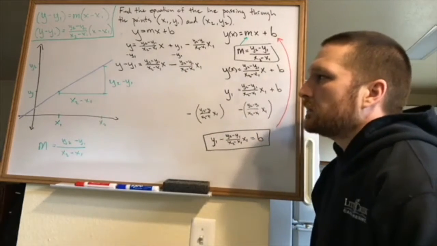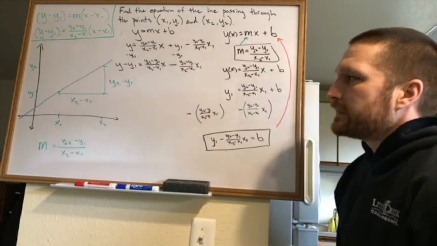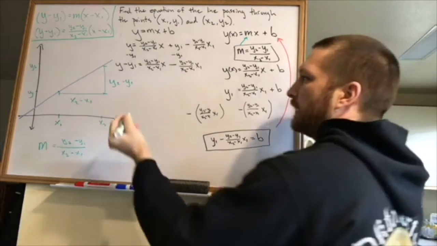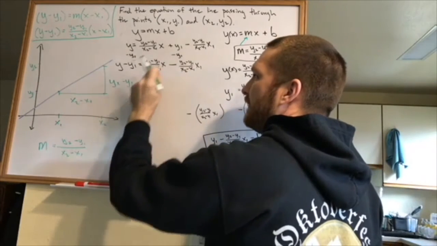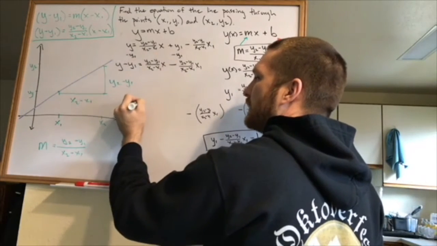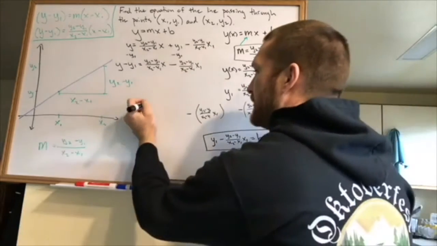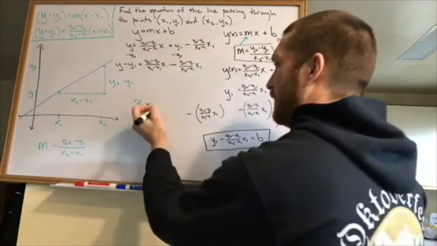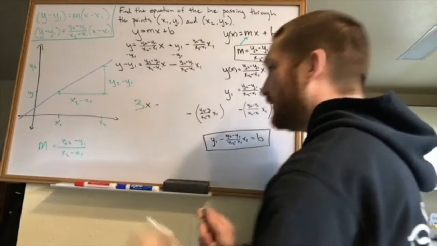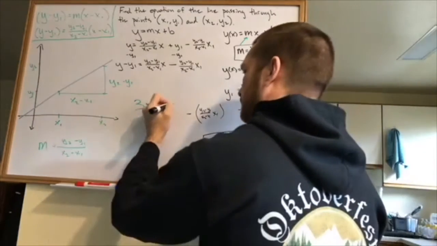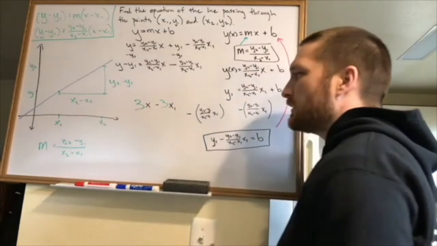What we have here is something that's maybe hard to see, but if, for instance, that m worked out to be 3, and we had 3x minus 3x1, what would we do to simplify that?